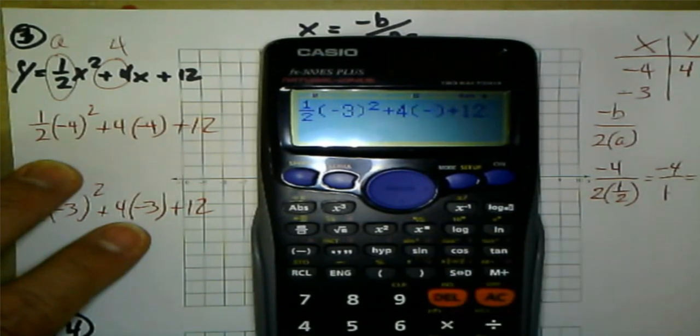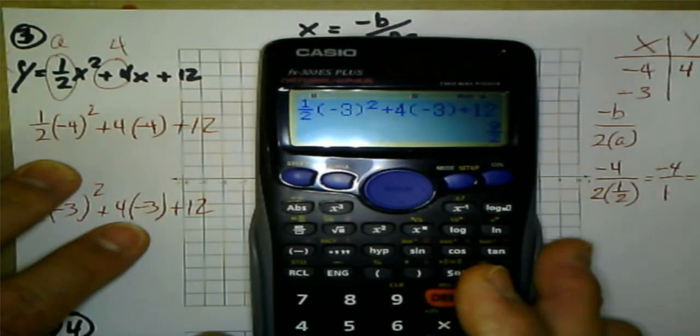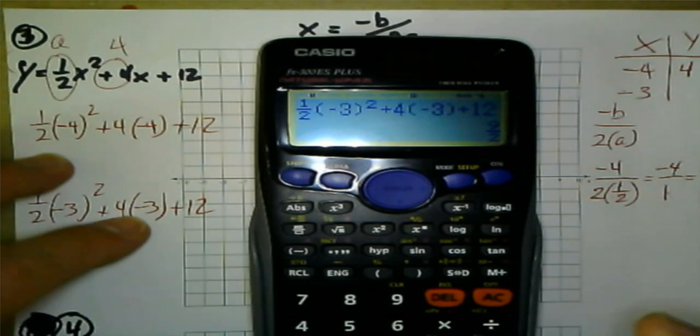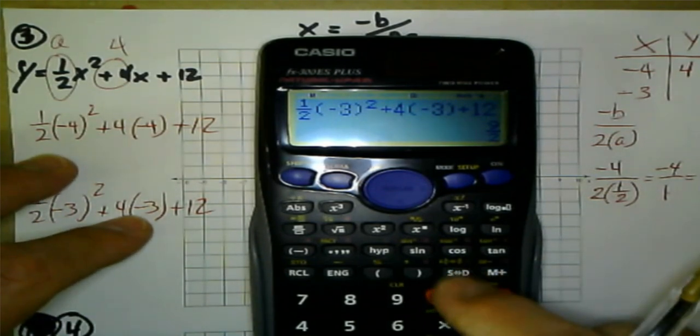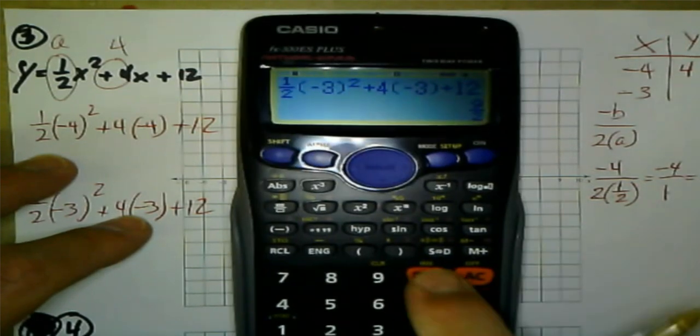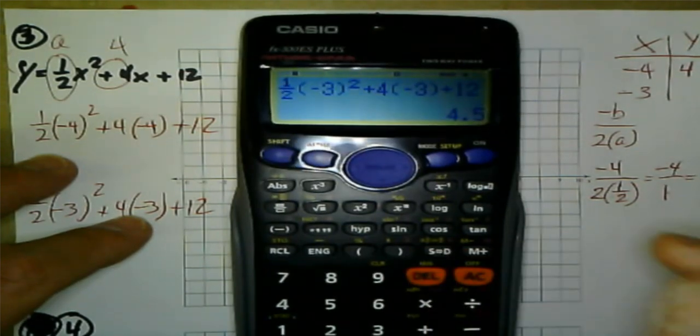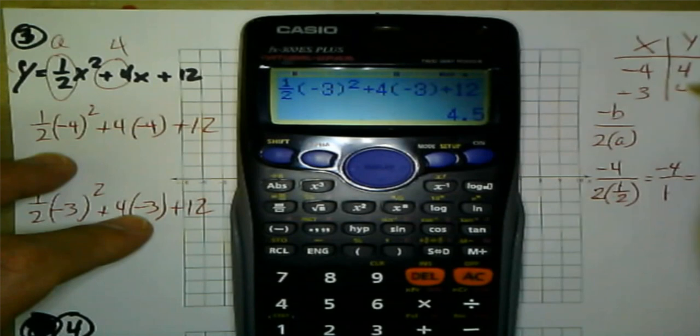It's got to be one or the other. There we go. Your calculator comes out with 9/2. Hit the SD button, this one right here, and it's going to say 4.5. Anytime you have those halves, it's going to end up being that way.